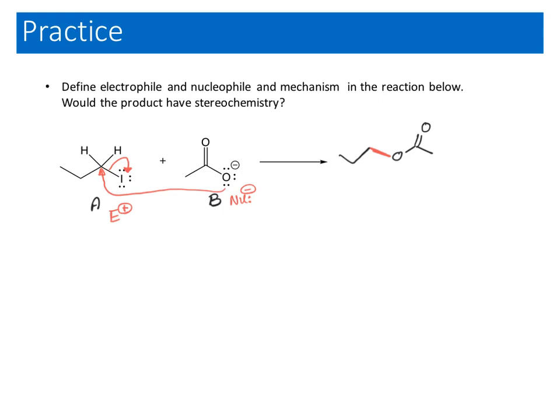Another question that can be asked here is: why doesn't iodine act as the nucleophile and attack the carbon of the carbonyl? We know that this carbon is an electrophilic carbon, so why not iodine attacks it and forms the product? To show that this reaction cannot happen, let's look at this example.